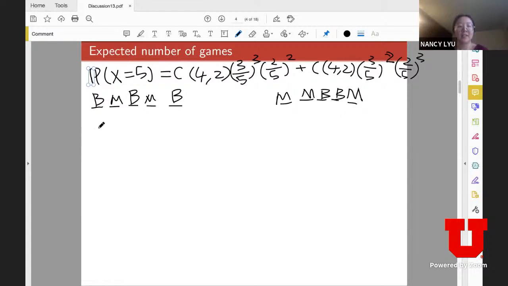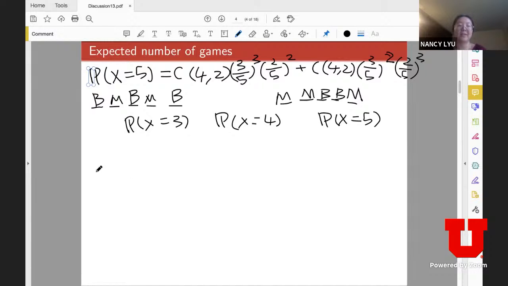Okay, so now you have the probability of each of them. So we have the probability when the length is 3, and when the length is 4, and when the length is 5.